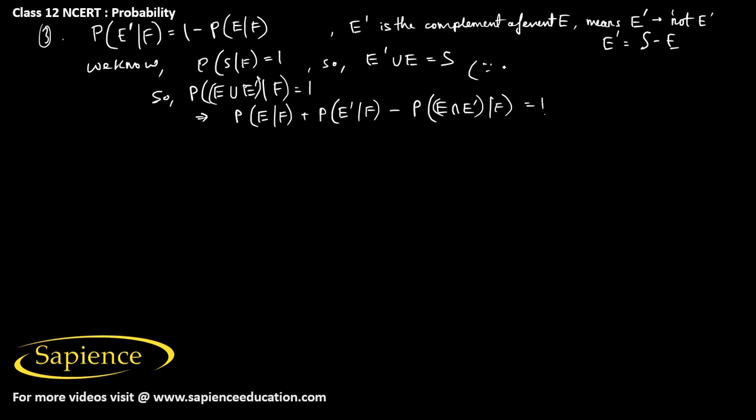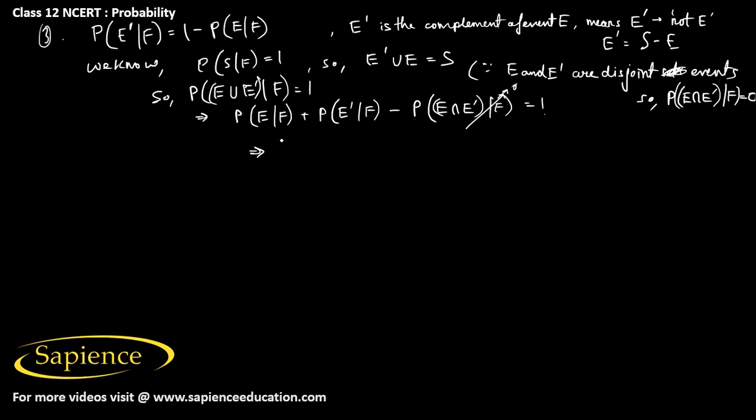Now, since E and E dash are obviously disjoint sets, or disjoint events, the probability of E intersection E dash given F will be equal to 0. So this will become 0 only. Therefore we will get the probability of E dash given F is equal to 1 minus the probability of E given F. Hence proved.